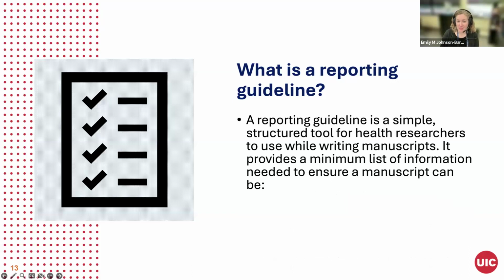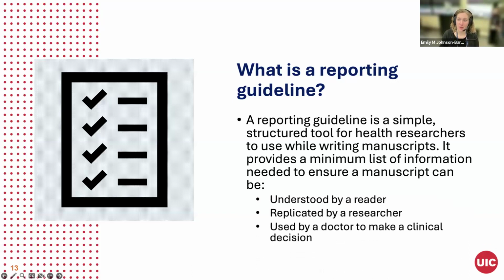It provides a minimum list of information needed to ensure a manuscript can be understood by the reader, replicated by a researcher, as well as used by a doctor to make a clinical decision. It may take the form of a checklist, a flow diagram, or a structured text to guide authors in reporting the different types of research, as well as describing the explicit methodology.